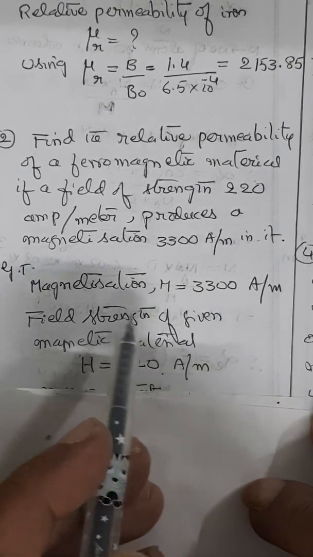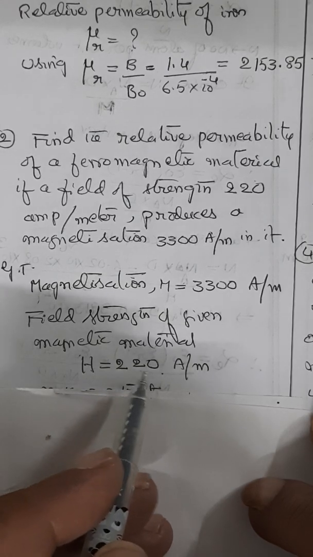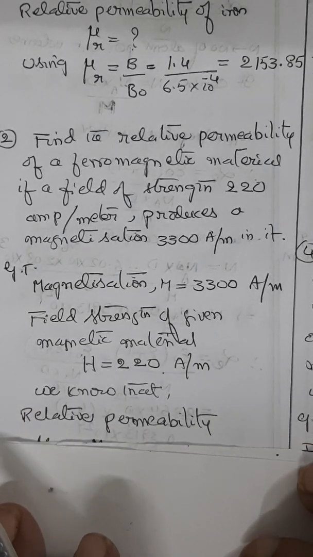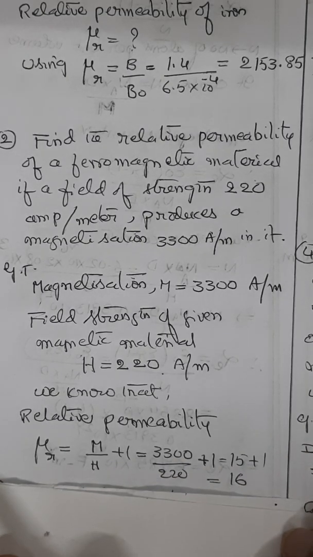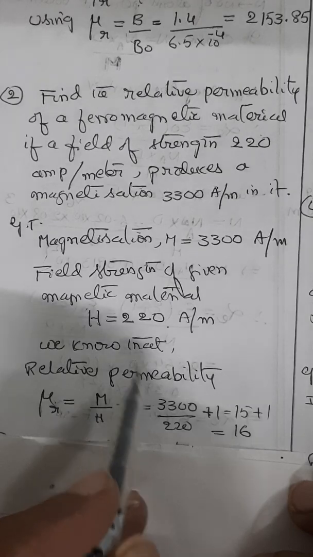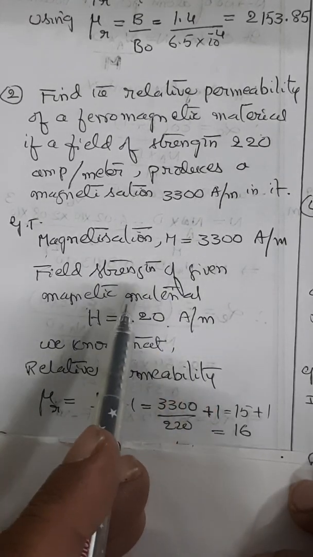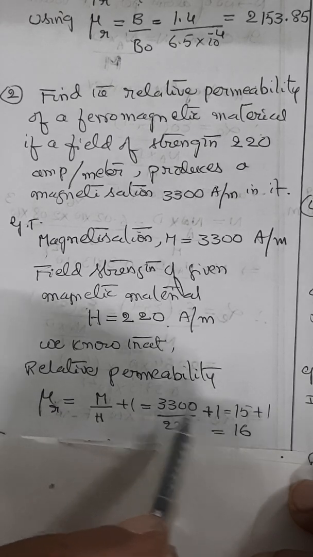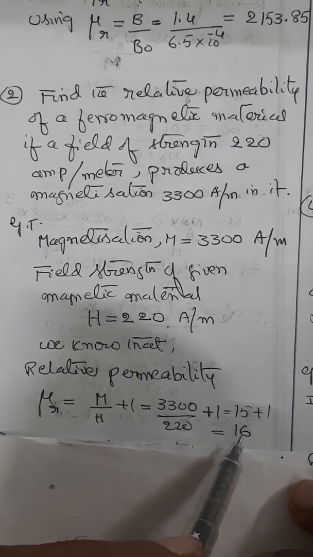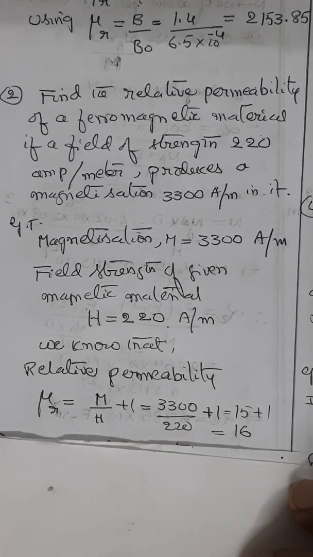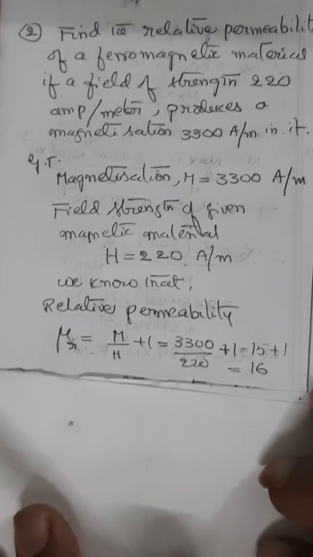Field strength of given magnetic material H is given as 220 ampere per meter. So we have to calculate relative permeability using this formula. Mu r is equal to M by H plus 1, that is 3300 by 220 plus 1. So this is 15 plus 1, that is 16. Therefore relative permeability is 16.